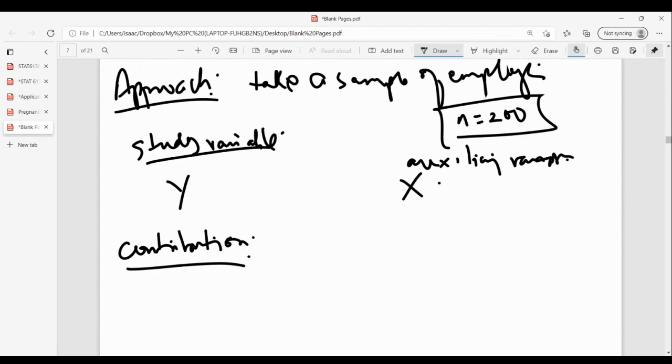And this auxiliary variable, by the way, x, is the size of the company, or the size of the employer, the number of employees in the company.